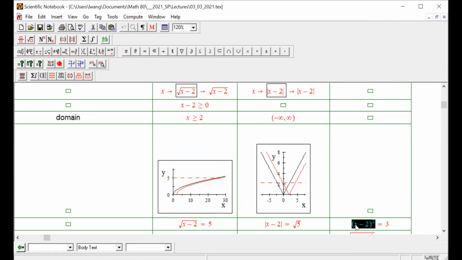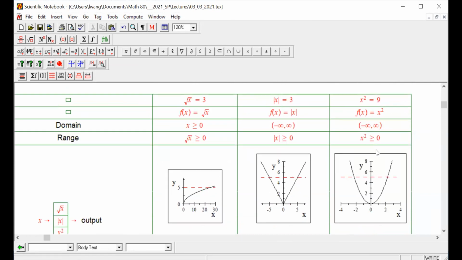Last one, x minus 2 squared. This rule has a slight change. It still takes the input and produces output, and the domain is still all real numbers, but you're going to see the shift of the picture. Follow me?